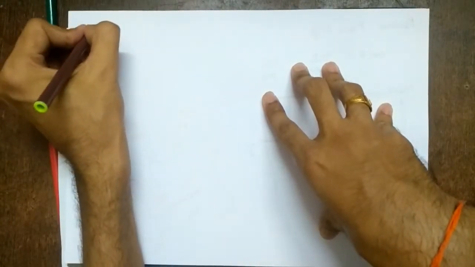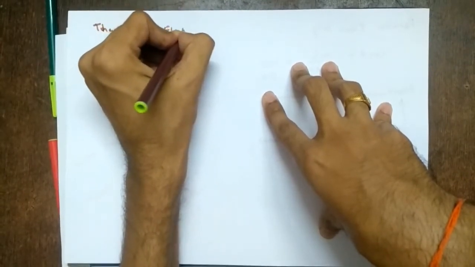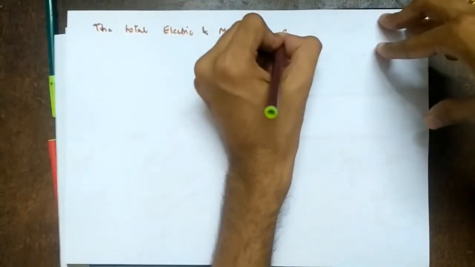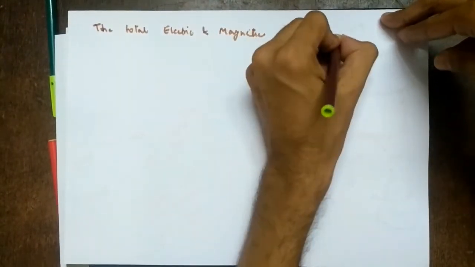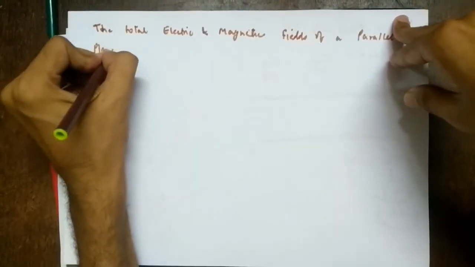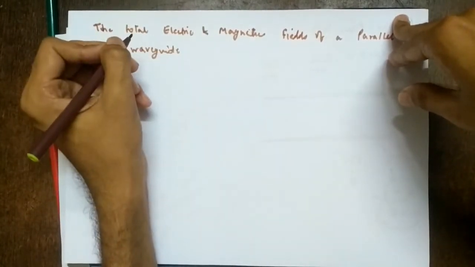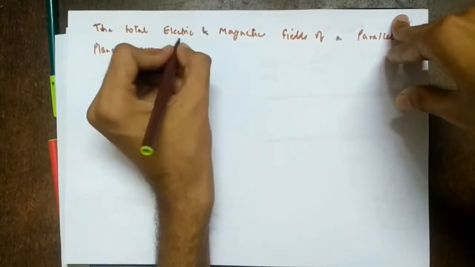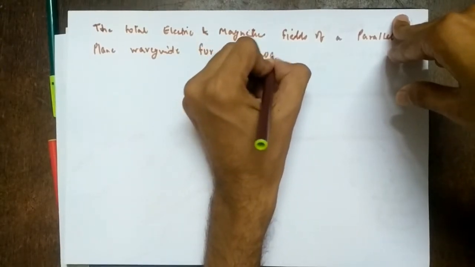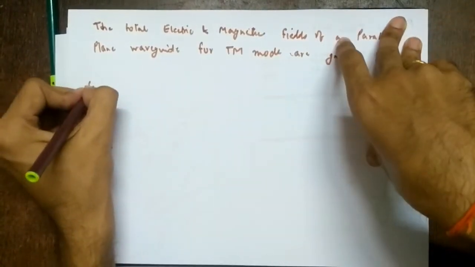So the total electric and magnetic fields of a parallel plane waveguide, for TM mode I am writing, are given as, what are they?